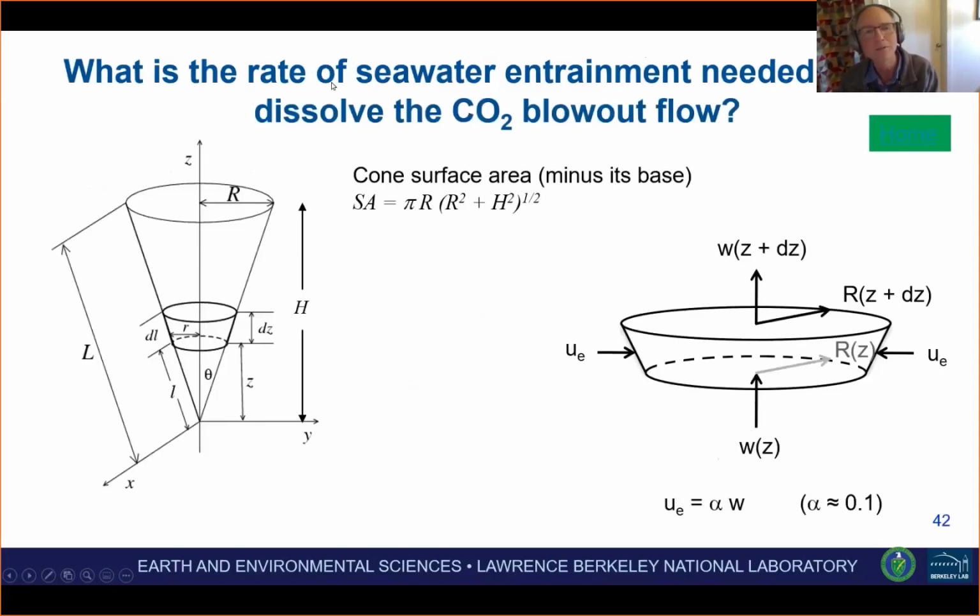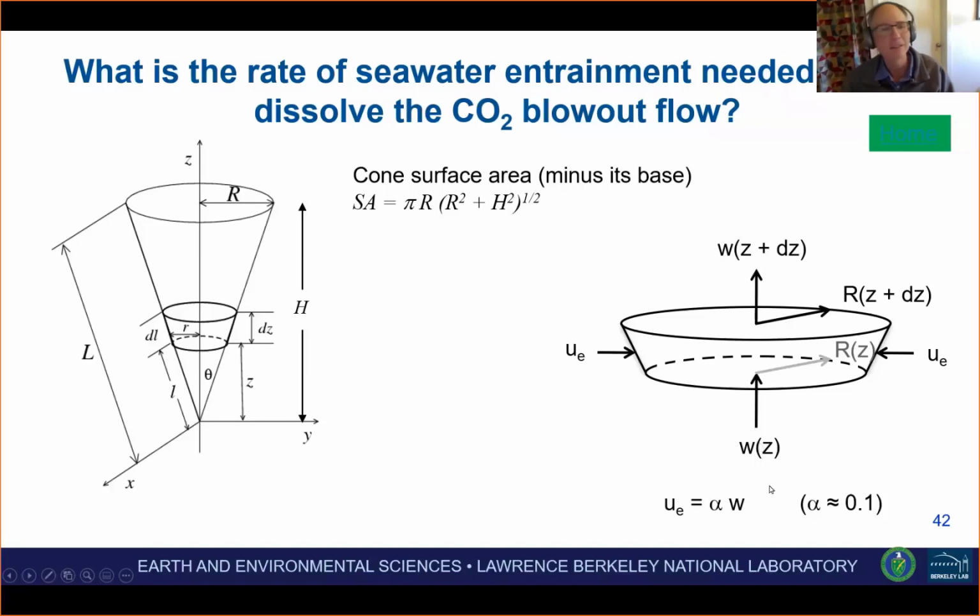Now let me show you another one. Another is to look at the rate of seawater entrainment that I would need to fully dissolve the CO2 blowout flow. So remember this integral model. Here's some of the geometry sketched for an integral model. And remember I said this entrainment velocity was really important as this bubble plume is moving up, and it's about 1/10 the vertical velocity, just a rule of thumb.